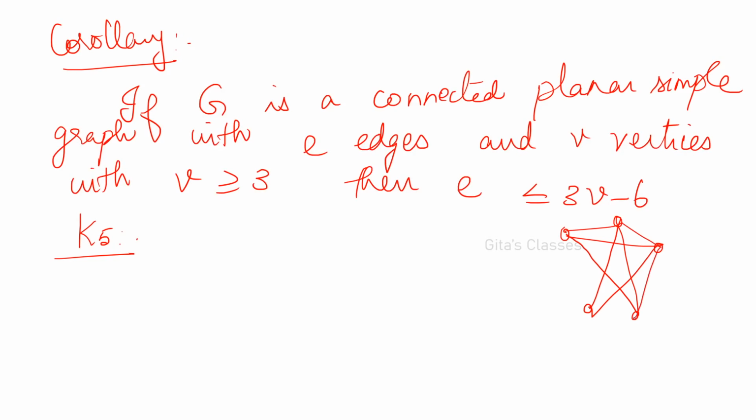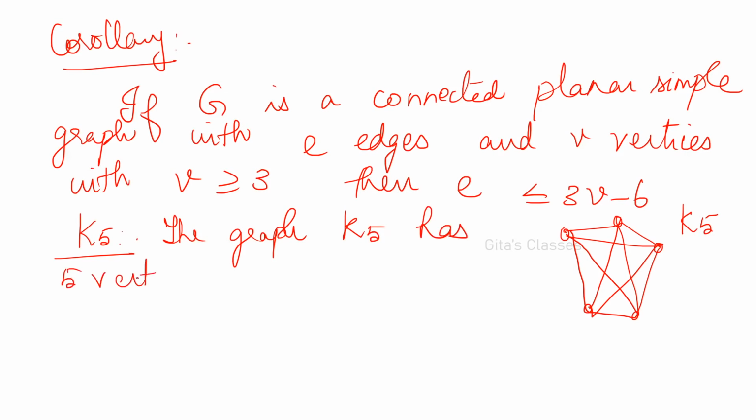This is the complete graph K5. How many vertices are there? 5 vertices and 10 edges. Is it satisfying this corollary? If it is a connected planar graph, then it should satisfy E less than or equal to 3V minus 6. But K5 will not satisfy. K5 onwards, it will not satisfy.